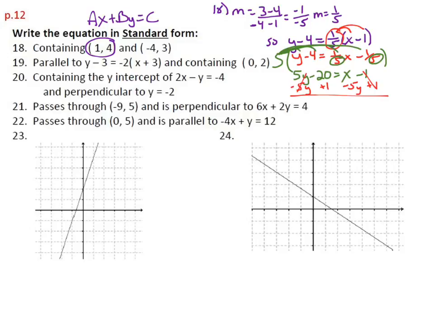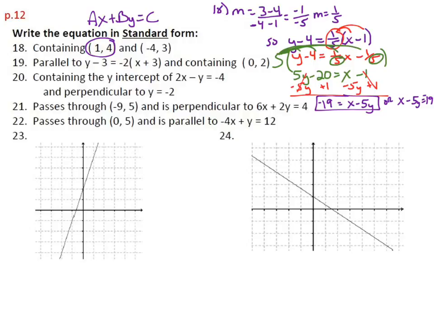So those are gone, and then we are left with our final answer of 19 is equal to x minus 5y. Or if you want it in the other direction, x minus 5y equals 19. And that should be a negative 19. And there we go. So very easy.